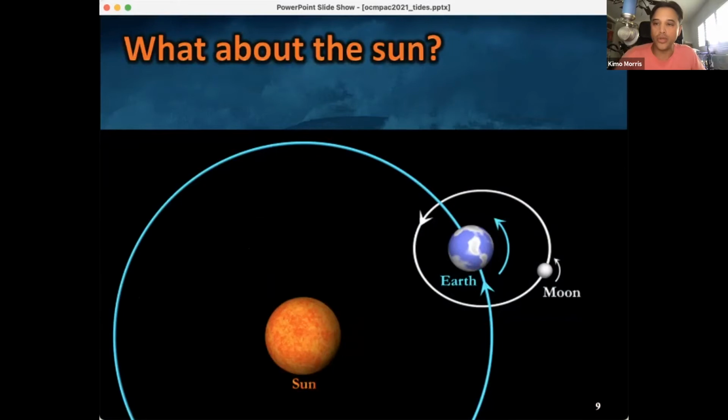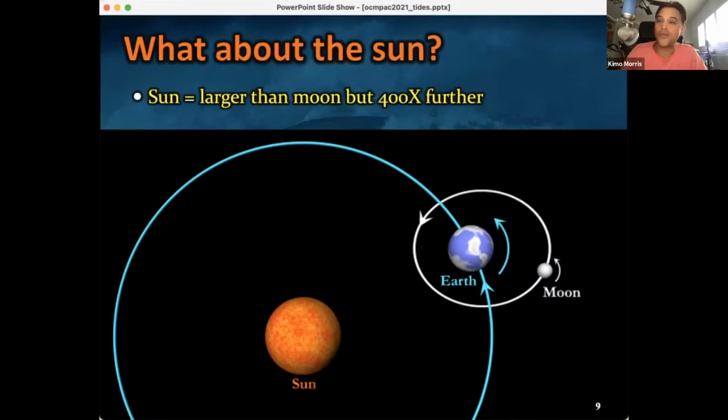Now, I've mentioned the moon, and the moon certainly does have an effect, but the sun also has an effect, but it's 400 times further away. And due to stuff that Isaac Newton came up with, because it's so much further away, it doesn't have as great an effect. However, it still does have a measurable effect.